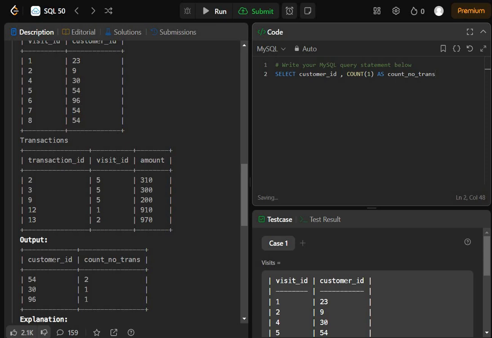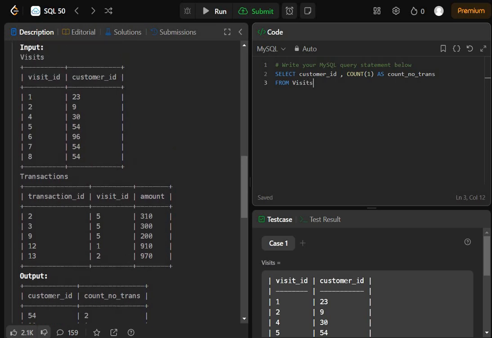Fine. So this will create this column and will return us the counts. Okay. Now the next thing is from which table? Obviously from our visits table, because here we are not using any join. So how are we going to use the transaction table here?